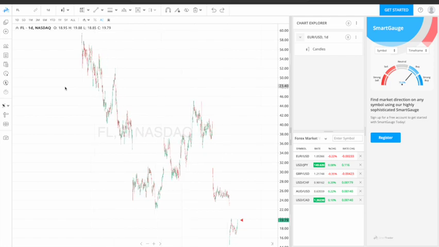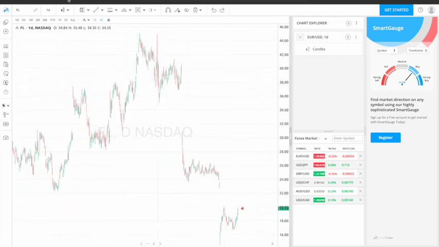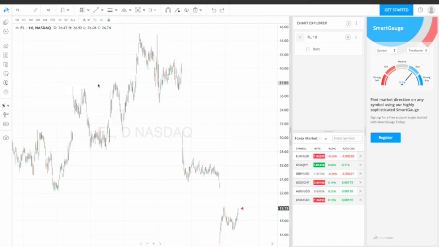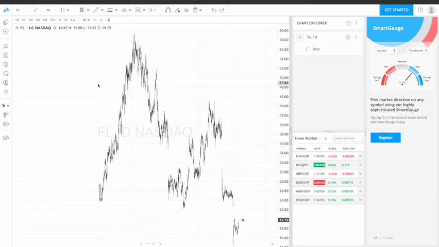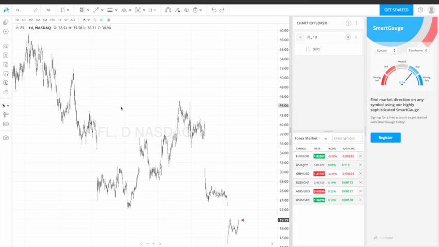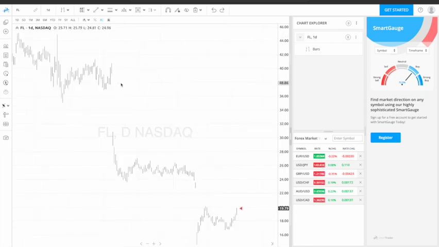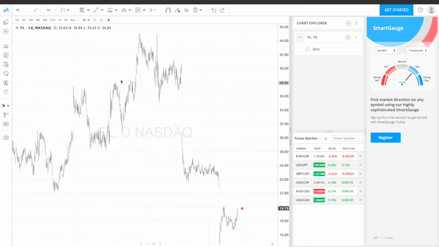The first thing for me is, I do it with candles for you guys, but for me I use bars. The reason is, to me, I can see the trend better with bars than I can with candles. So take that with a grain of salt, but I'm going to be flipping back and forth as we go through it.